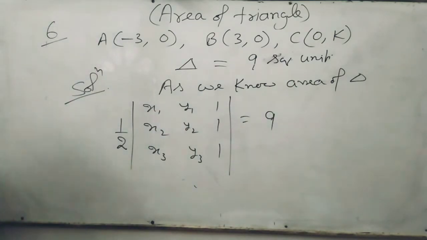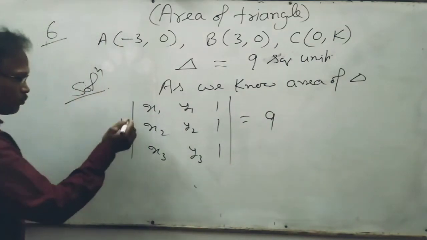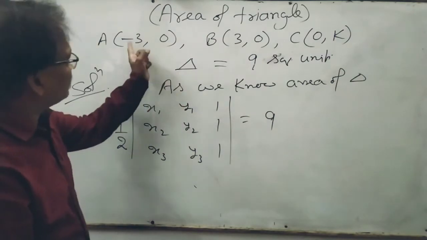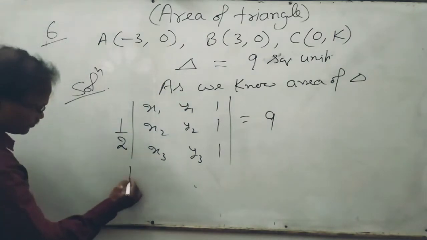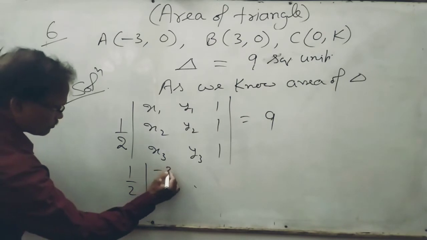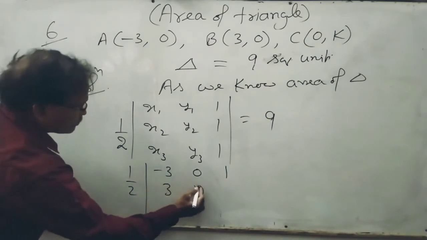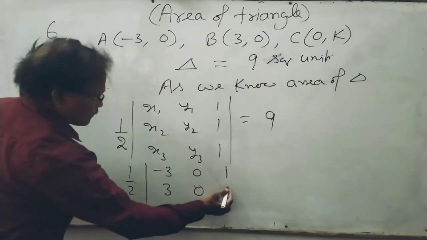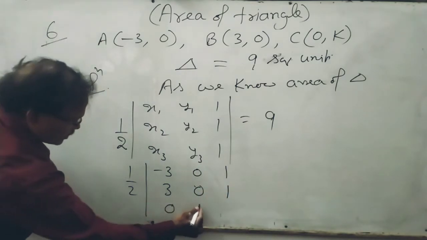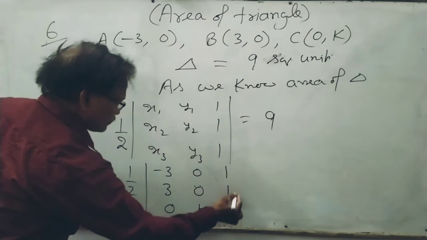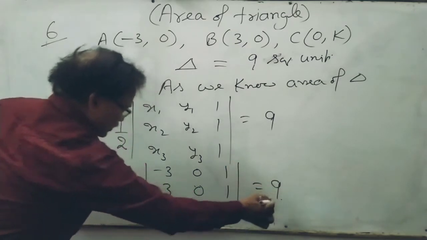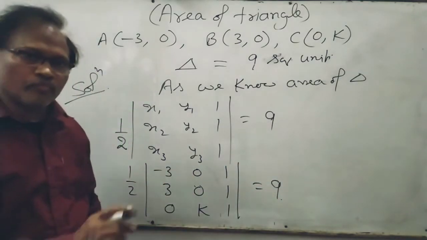It is given in the question. Now put the values: (-3, 0), (3, 0) and (0, K). Just expand.